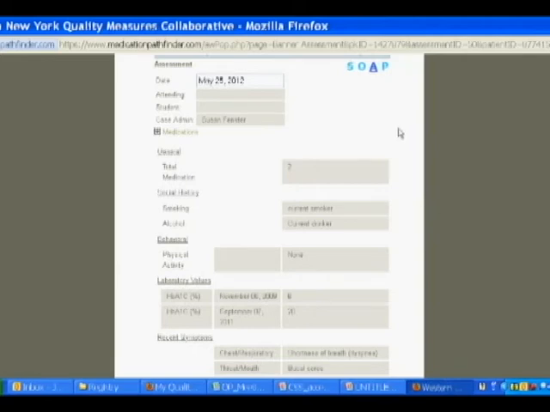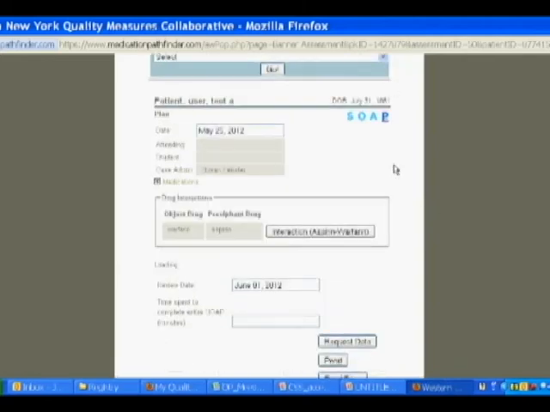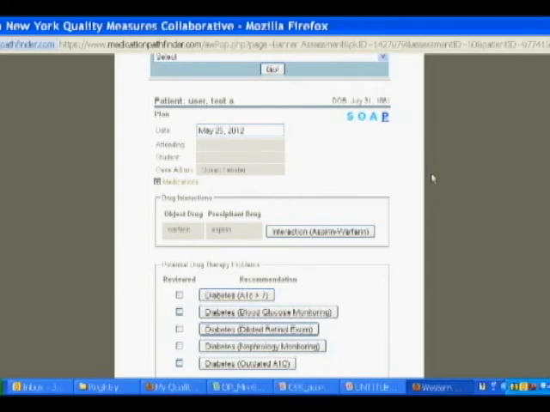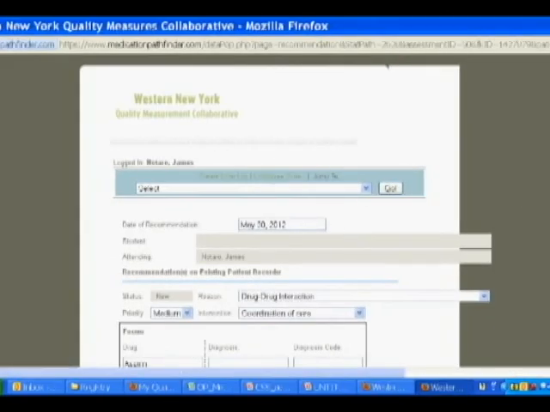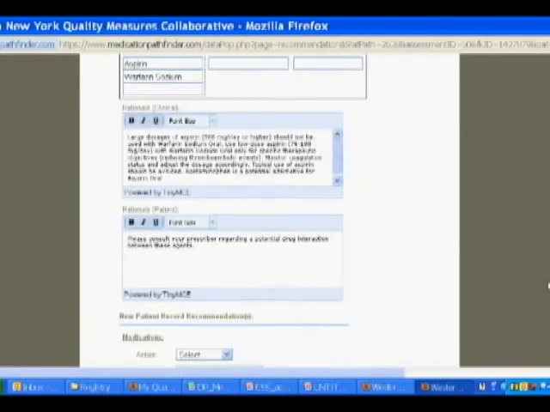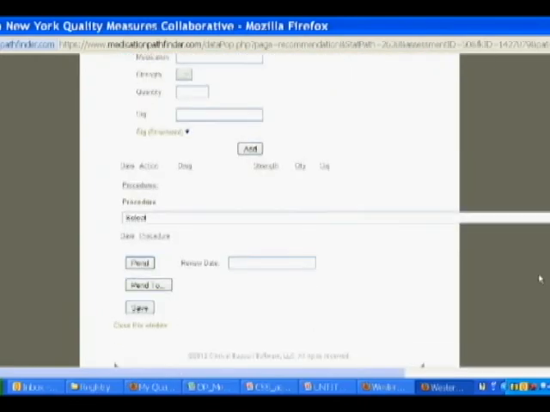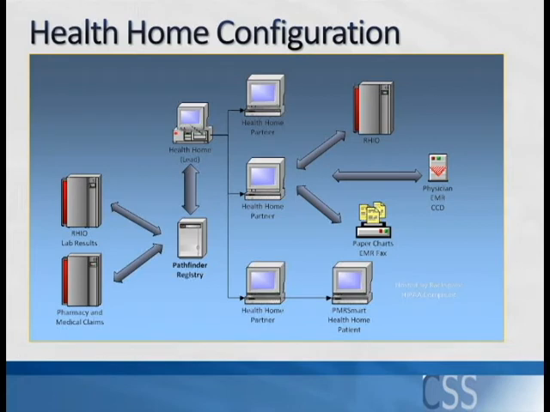And then that assessment could be used to apply some decision analytics and create a care plan for the patient. And so you'll notice that in this care plan, the profile of the patient is being analyzed by the system to understand that there's a drug interaction. And if we decide that that drug interaction is significant, we could make a recommendation about that interaction that could be saved to the patient's chart to provide a component of the care plan.